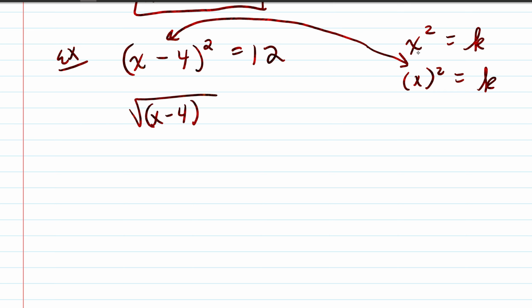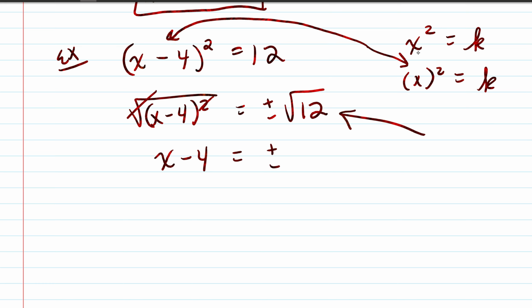And I said I wasn't going to show it, but I will go ahead and show that again, how we're squaring a square root, and they kind of cancel because they're inverses, and you're left with x minus 4 equals plus or minus. And now with the 12, you have to think back to what you studied in class as far as simplifying radicals.